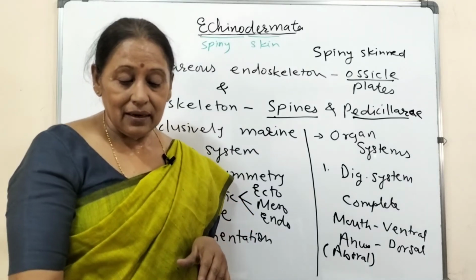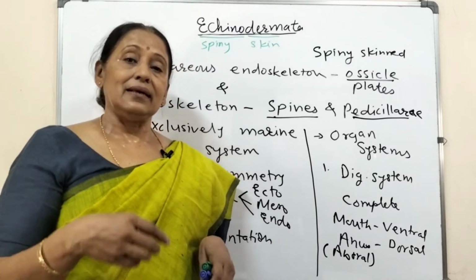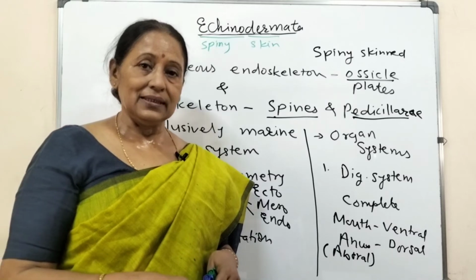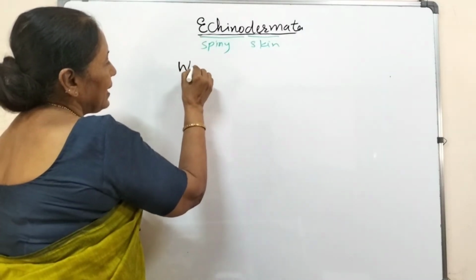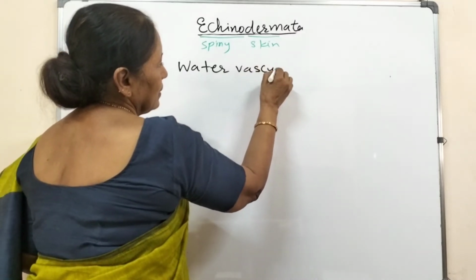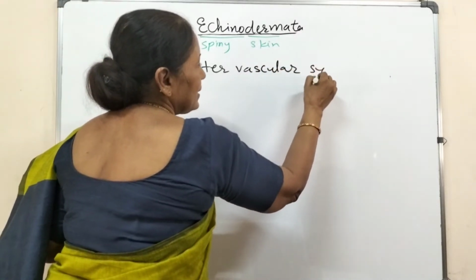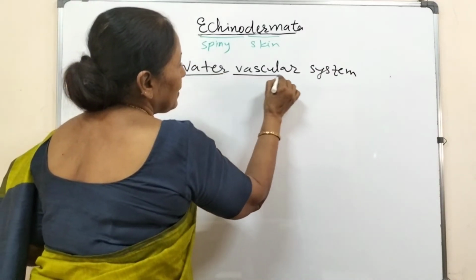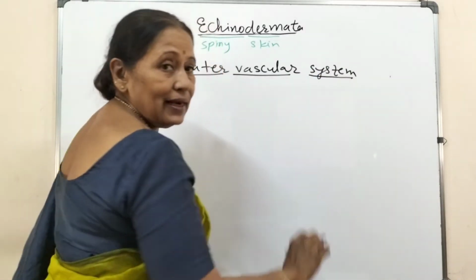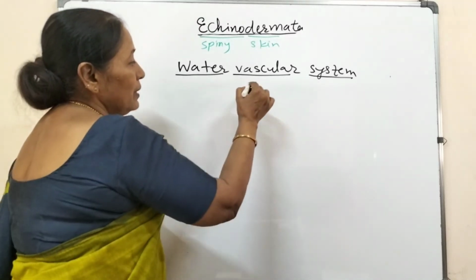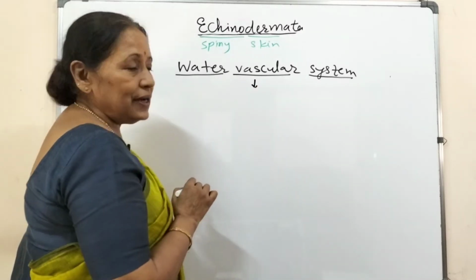Before we move to the other organ systems, we should know about the water vascular system. This water vascular system is a characteristic feature of echinoderms which is not found in any other phylum.